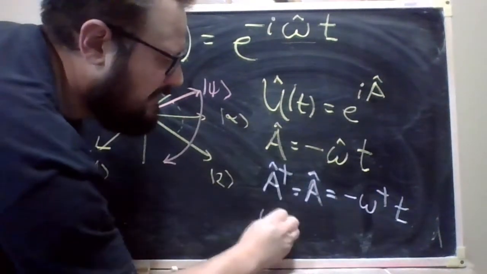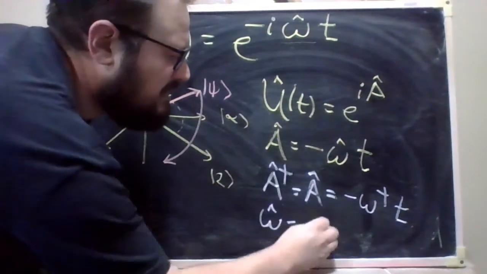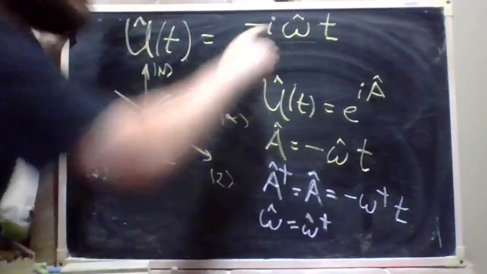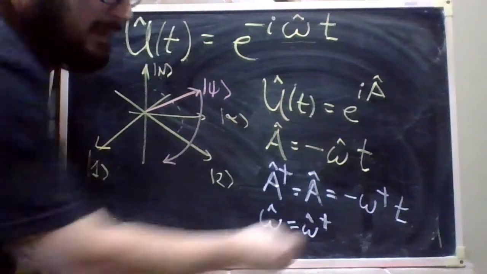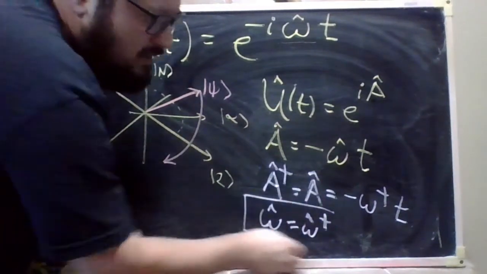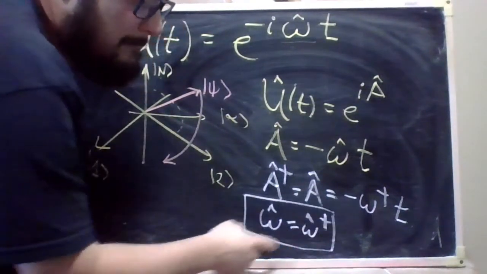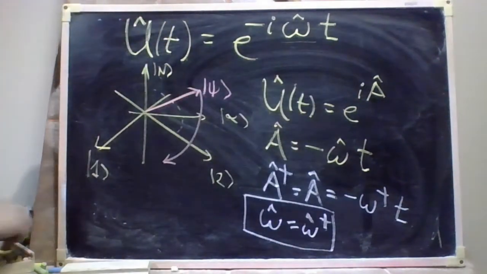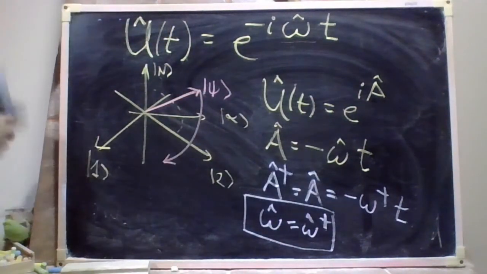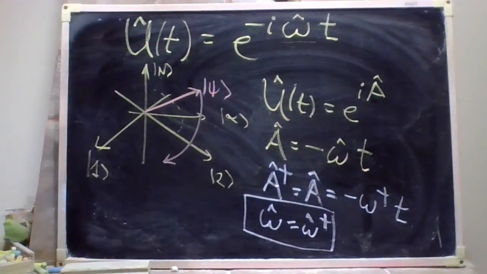So omega, the matrix containing all the natural frequencies of rotation of the system, of the quantum evolution, must be a Hermitian matrix. All right? So, it's a very important conclusion.